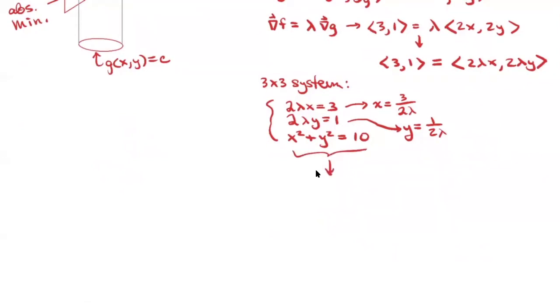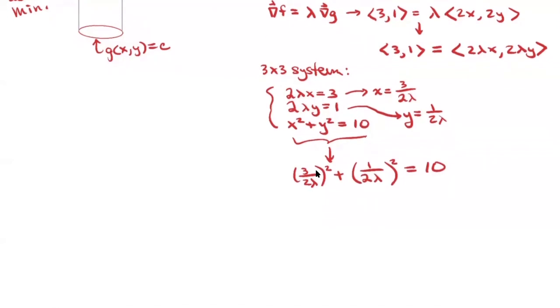So x squared would be 3 over 2 lambda squared plus y squared, that's 1 over 2 lambda squared, equals 10. Okay, any questions?